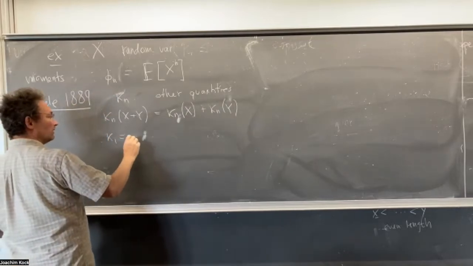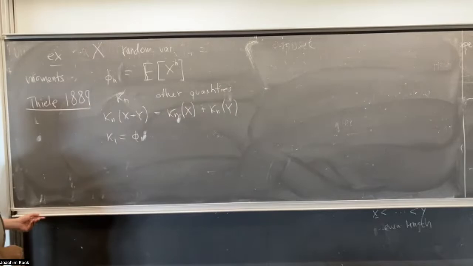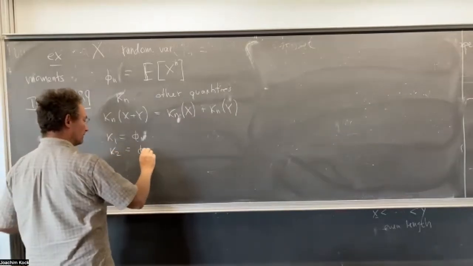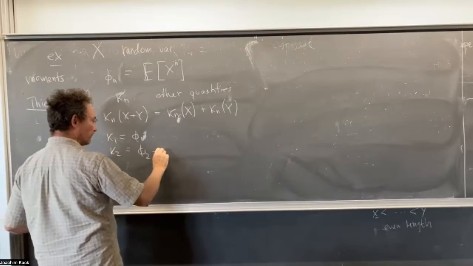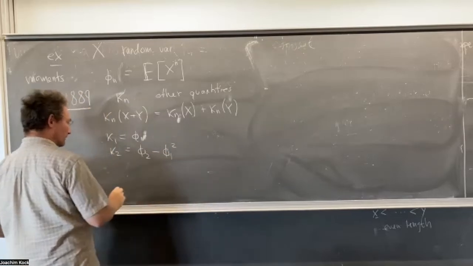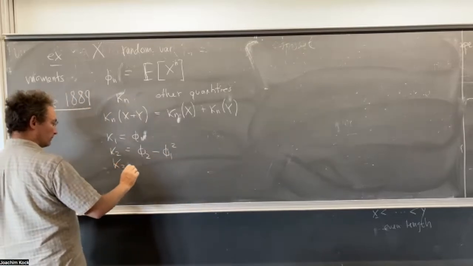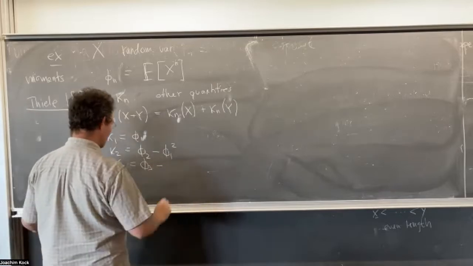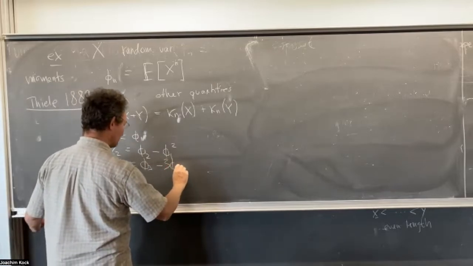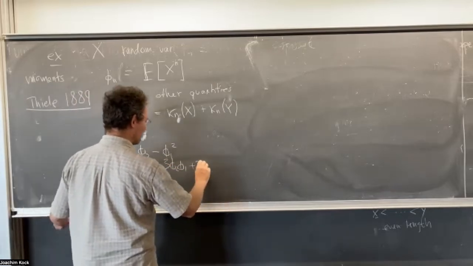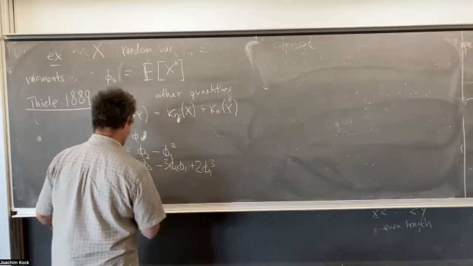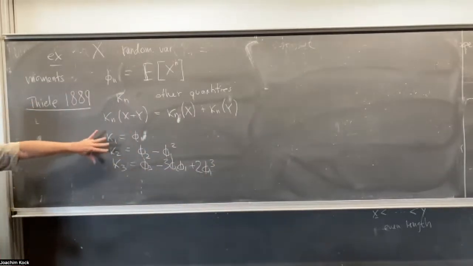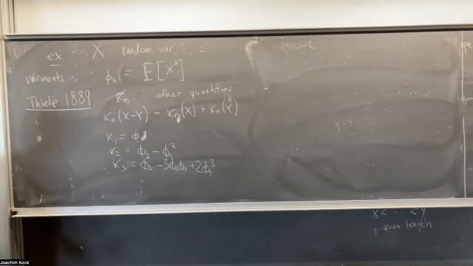So the first cumulant is just the first moment. The second cumulant is the second moment minus the first moment squared. And the third one is phi 3 minus 3 like this plus 2 and so on. So Thiele gave formulas for calculating all this.